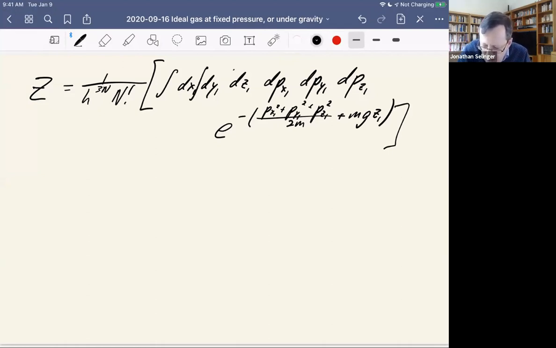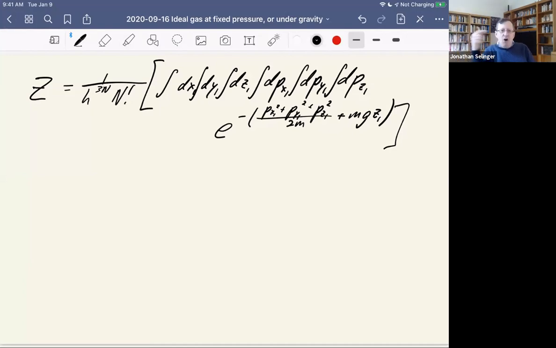Now I'm saying it's an integral over each of these variables, so I could write really 6 integral signs here. Each of these things is getting integrated over all possible values. First, let's think about the momentum integrals. The momentum in the x direction could be any momentum in the x direction.